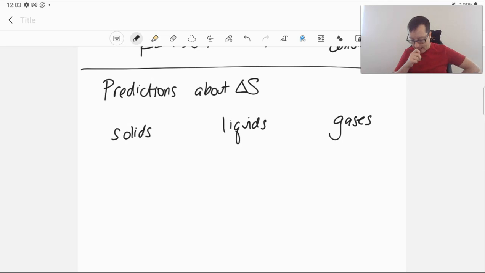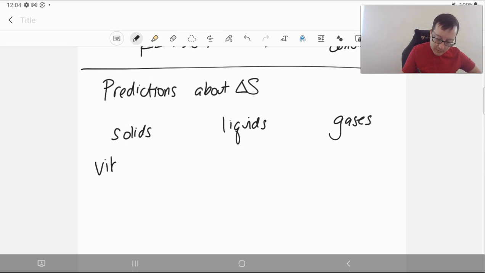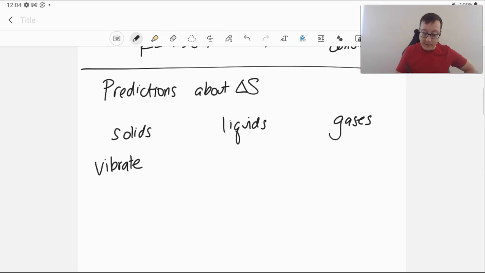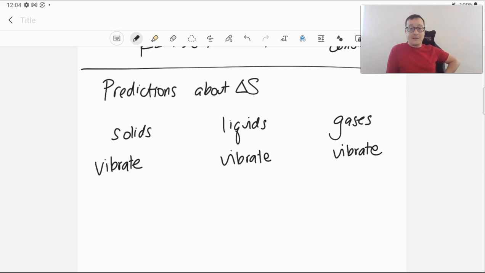If we want to think about entropy in this, we want to think about how they can move. With solids, all they can do is vibrate in place. Solids only vibrate. Liquids can vibrate, gases can vibrate too. But solids can't move in any other way.